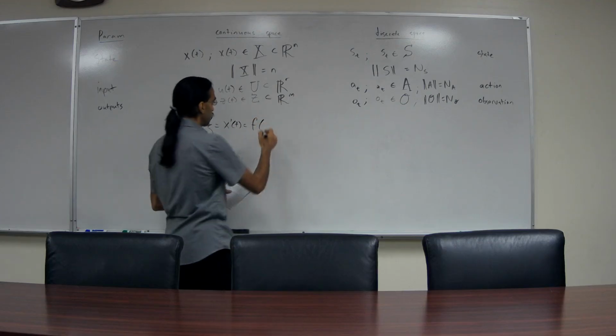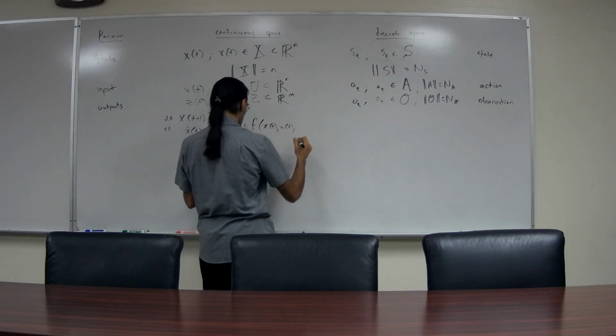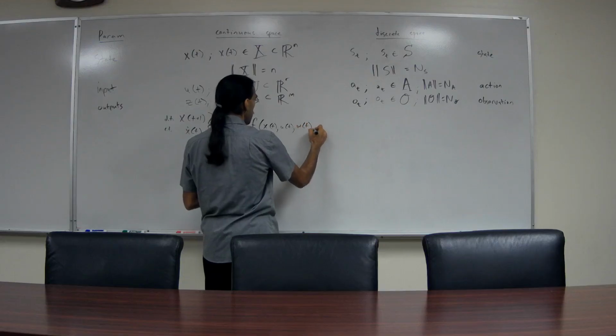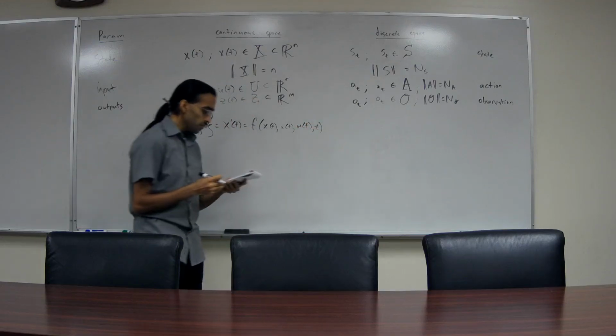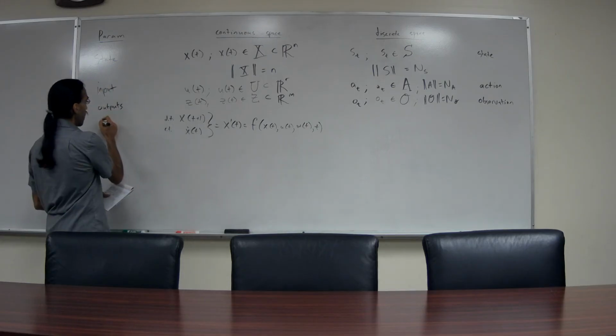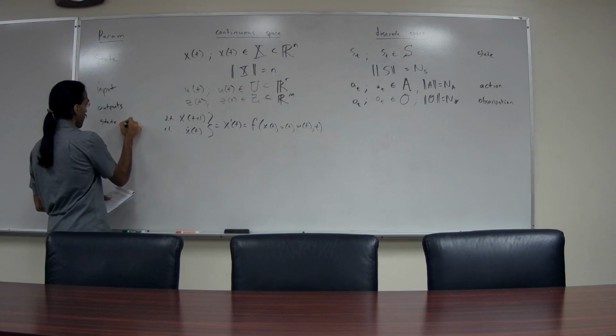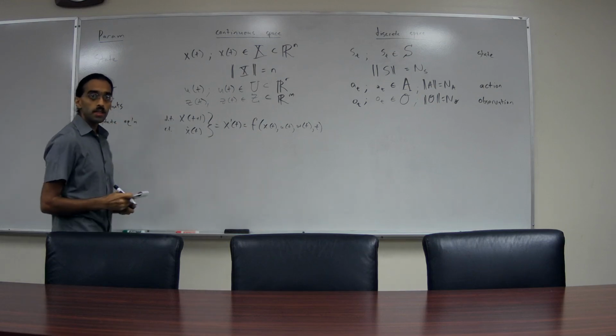And f takes as input x of t, u of t, w of t, and t. This equation, we can either call it our state equation. This is also known as our system dynamics.